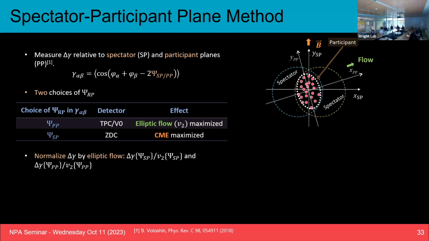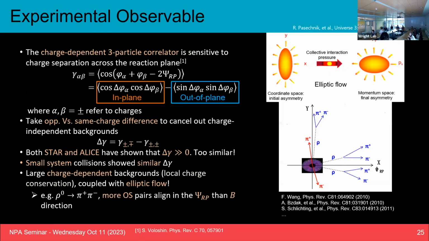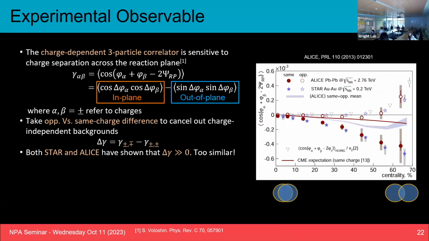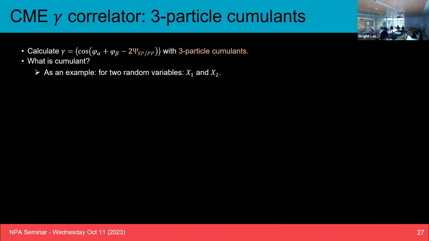The trick is to cancel the resolution. Here, they always calculate this with the participant plane, the particles which participate. But here we take all the spectators.